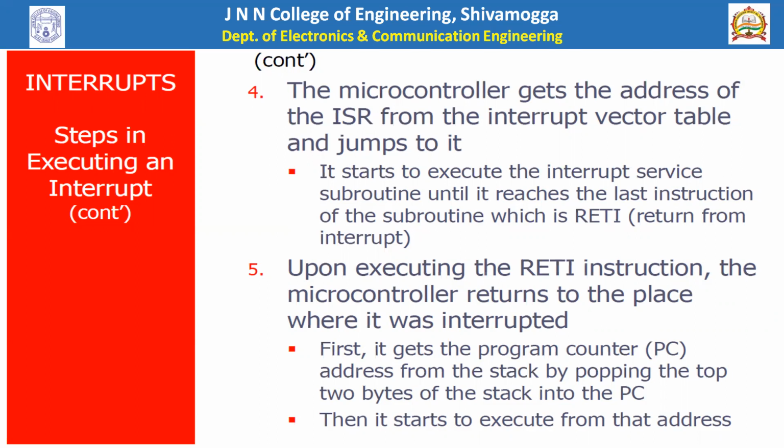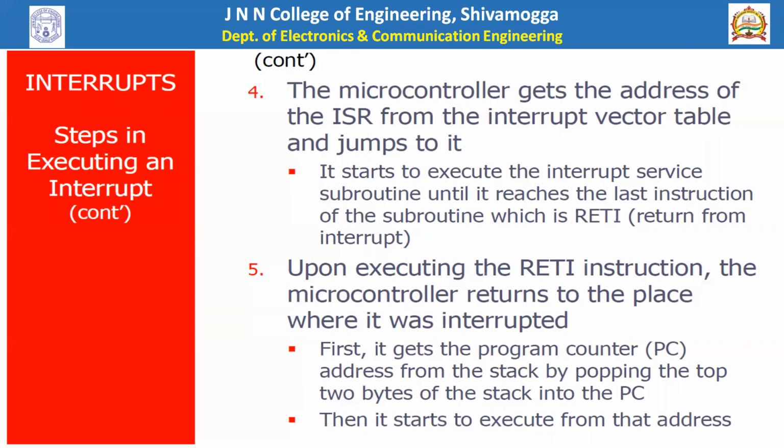When the last instruction, RETI, return from interrupt, is reached, it returns to the point where it was interrupted. How does it return to the point where it was interrupted? It gets the address from the stack.